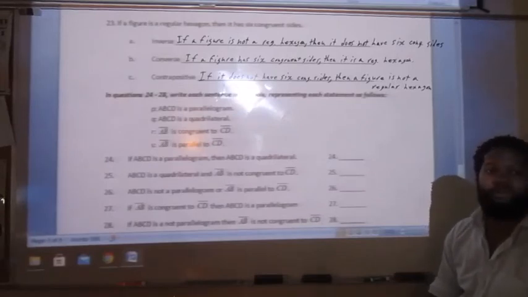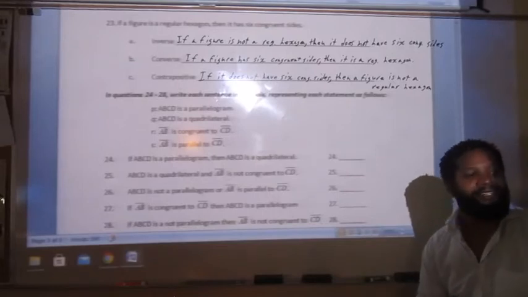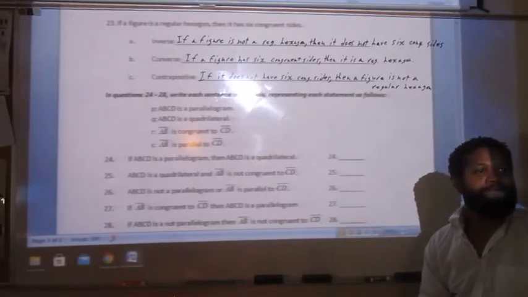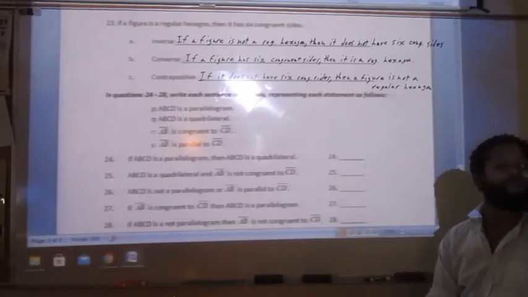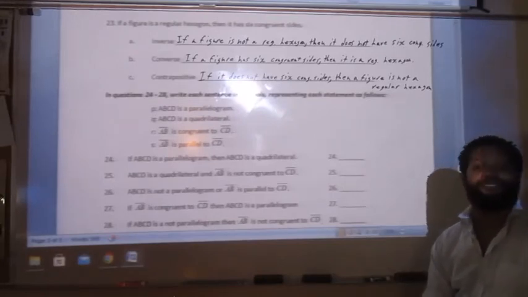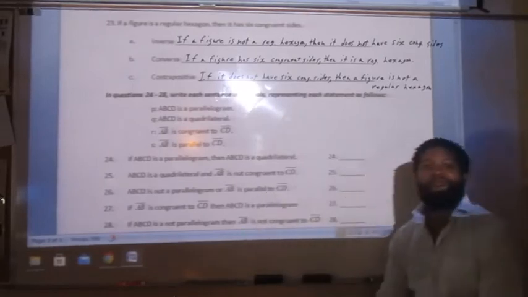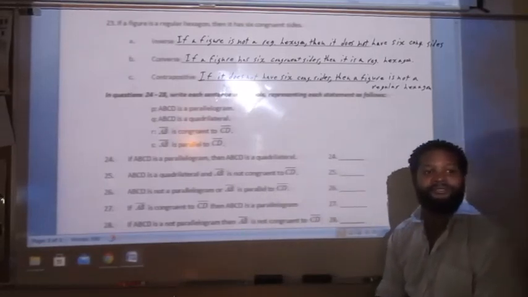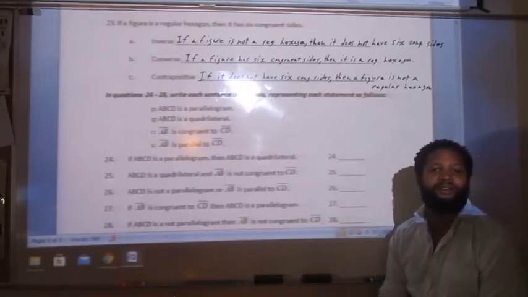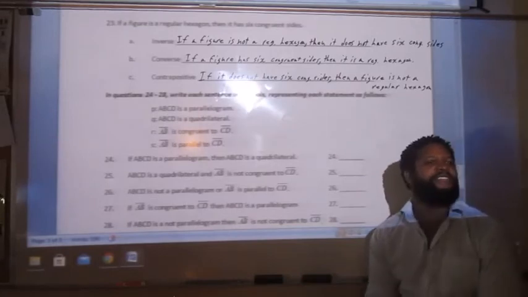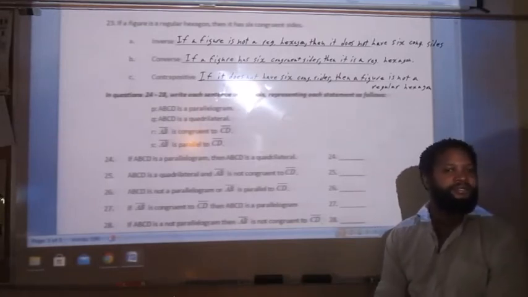And, or. Who here remembers the and, or? Get your notes out. It's dealing with the if-then statements, the up V and then the down V. And the up V is and, right?